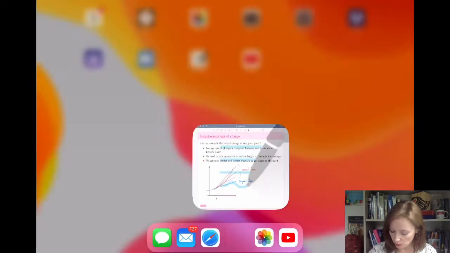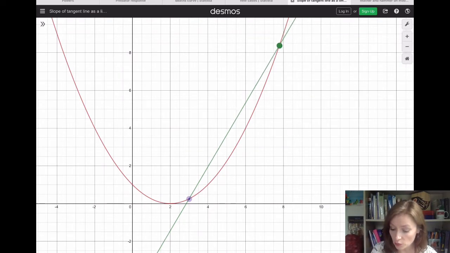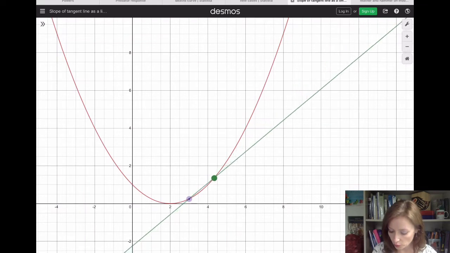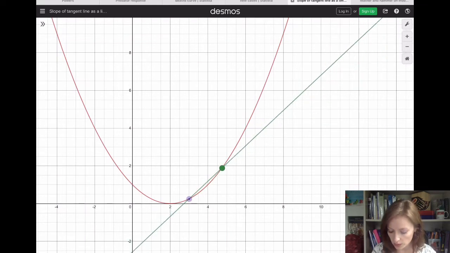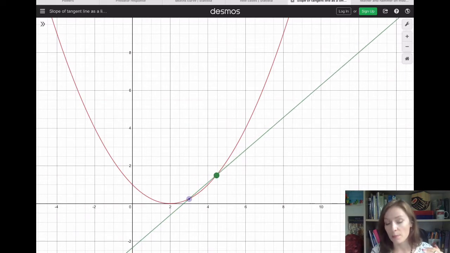Okay, let's take a look at how this works in animation. So let's say the purple point here is my point of interest, and the green one is the point that I'm computing the average in between the purple point and the green one. And if I take this green point, so far I have a secant line, it crosses my red parabola. But if I move my green point closer and closer to the purple point, see how the secant line changes and actually becomes a better approximation of what happens to the function.